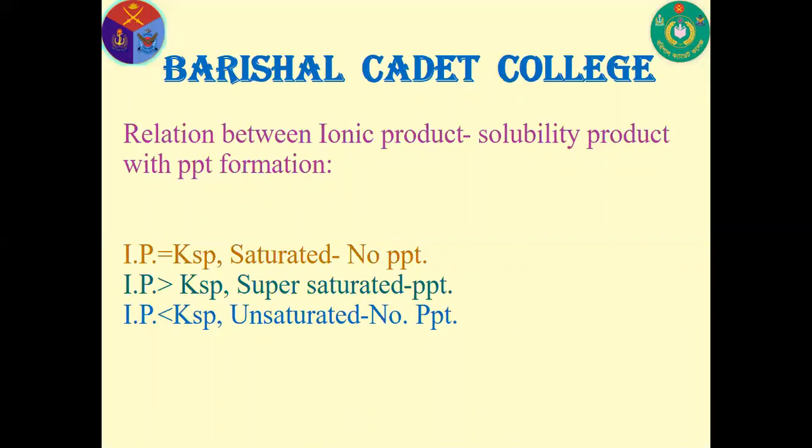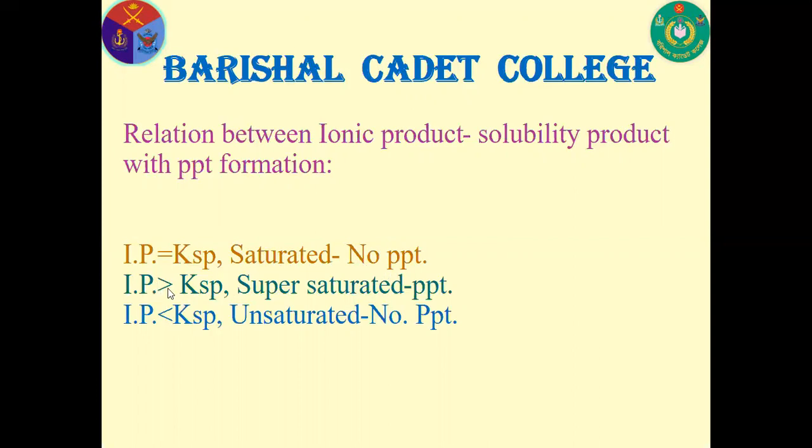Here, there is another term, ionic product, the product of the ions which are formed by the dissociation of a salt. Solubility product is the product of the concentrations of ions, where the coefficient of each ion goes to its power. There is a relation between ionic product and solubility product. If the ionic product and solubility product are equal, the solution is saturated and no precipitation is formed.